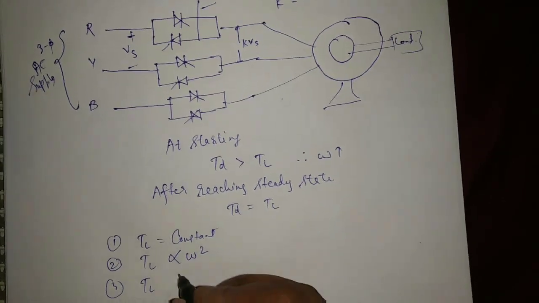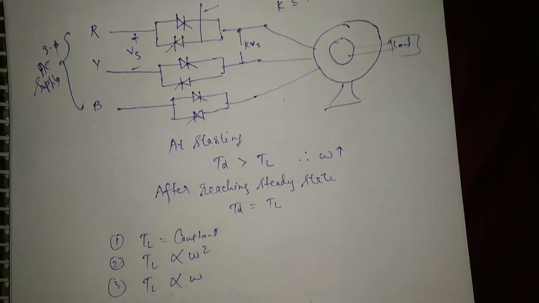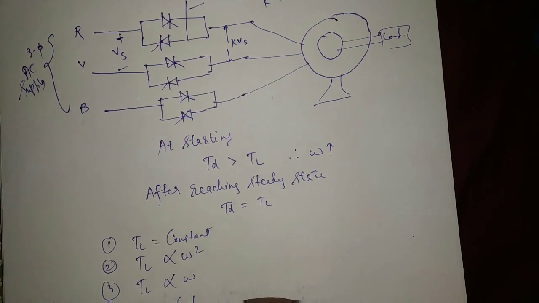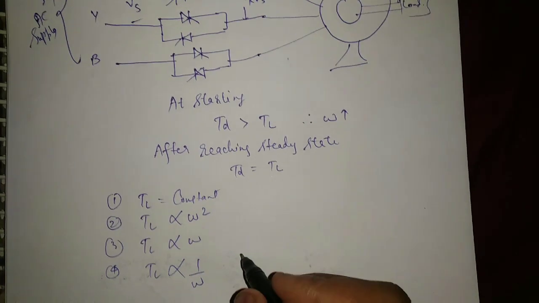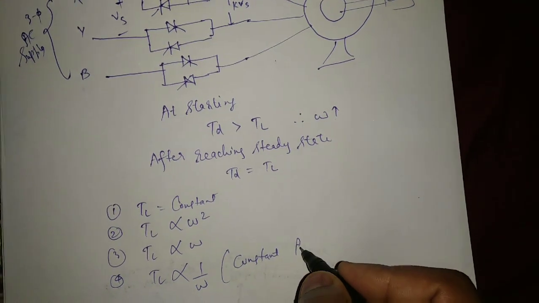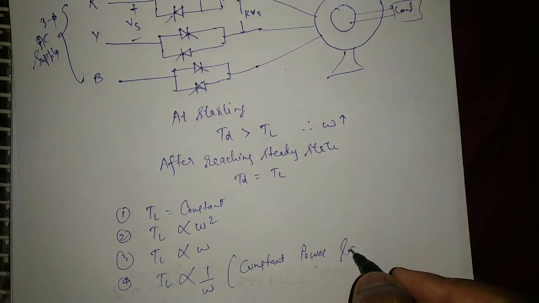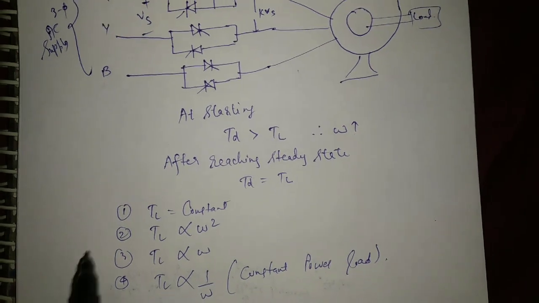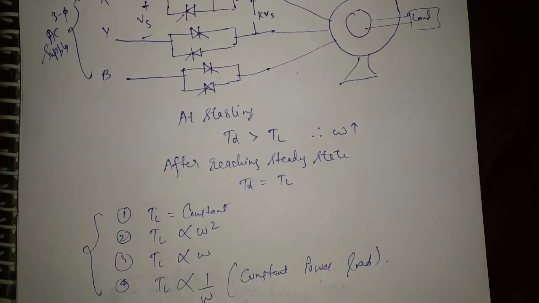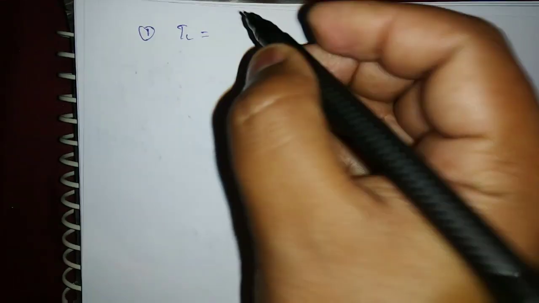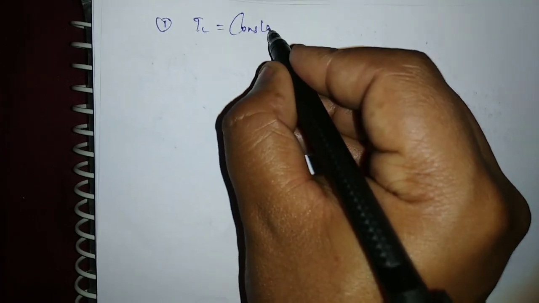Third is TL is proportional to omega, and fourth load is constant power load. Okay, so we see which load is suitable for this method. Okay, let's check for TL is equal to constant.